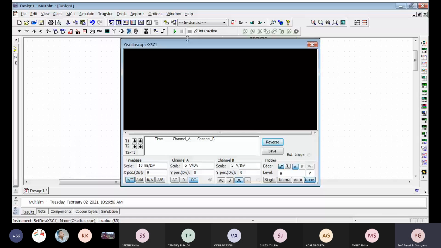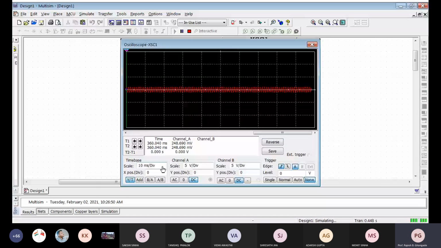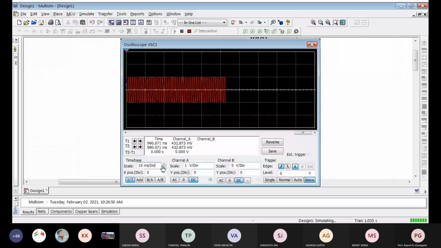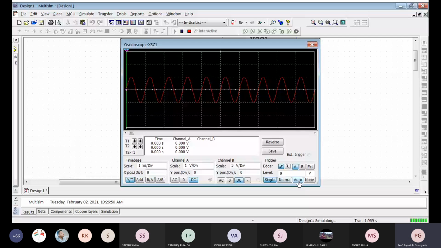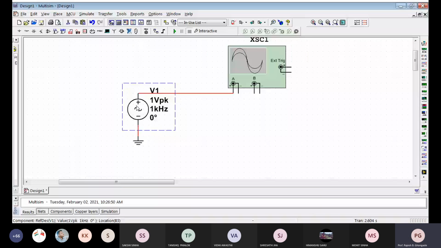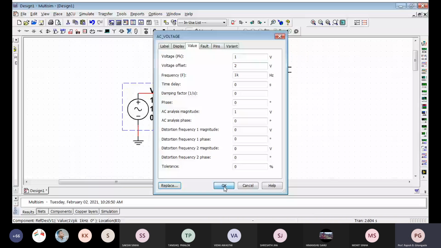So here is our signal. All right. Now I said I'm going to add an offset of 2 volts here, and let us see what happens. What has happened?